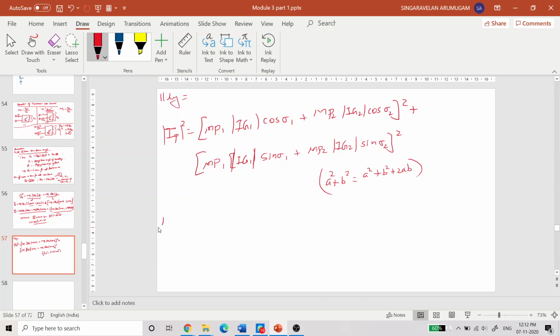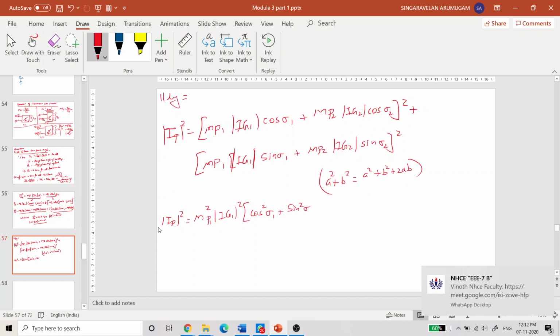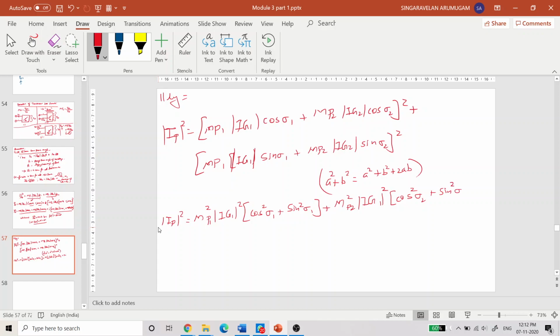So finally I will get IP square is equal to MP1 square and then Ig1 whole square and then cos square delta 1 plus sin square delta 1 plus MP2 whole square, Ig2 whole square and then cos square delta 2 plus sin square delta 2 plus 2AB, right?